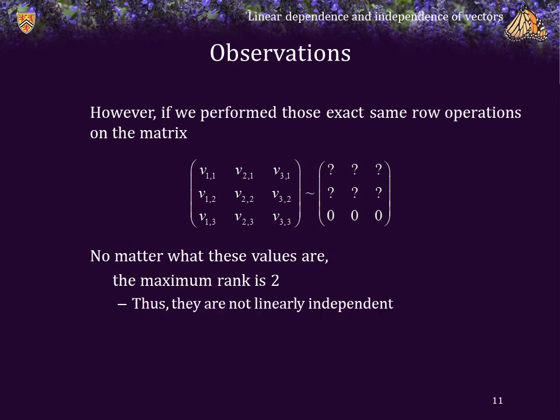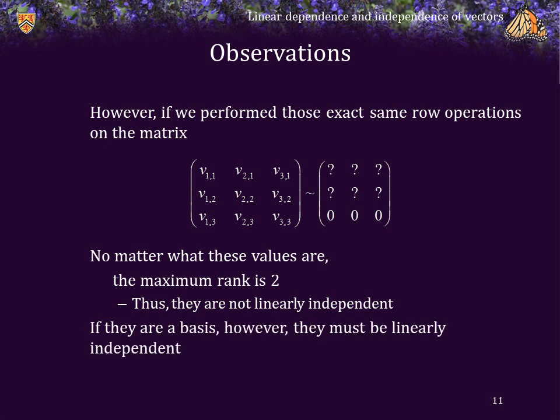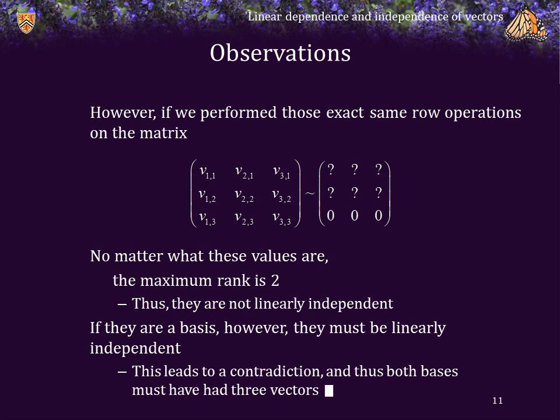So if this suggests they are not linearly independent, but we assumed that they were a basis, and therefore they must be linearly independent, this leads to a contradiction, and thus both bases must have had, in this case, 3 vectors.